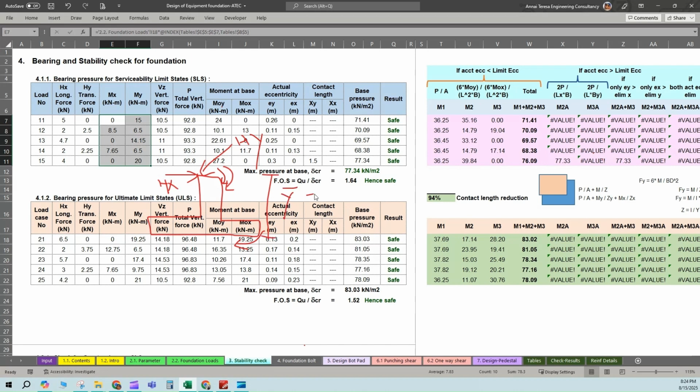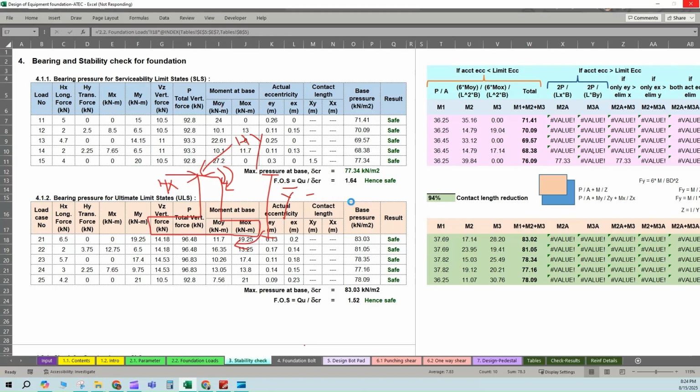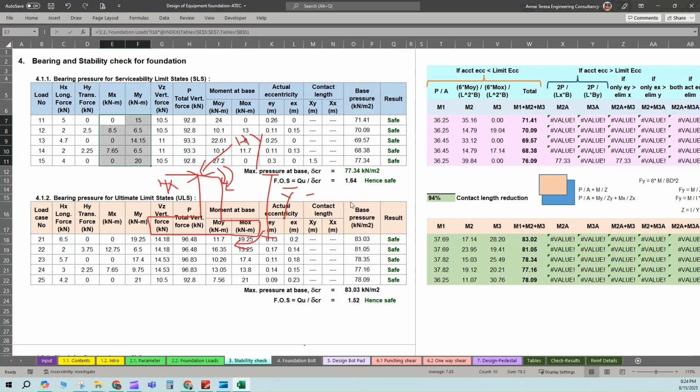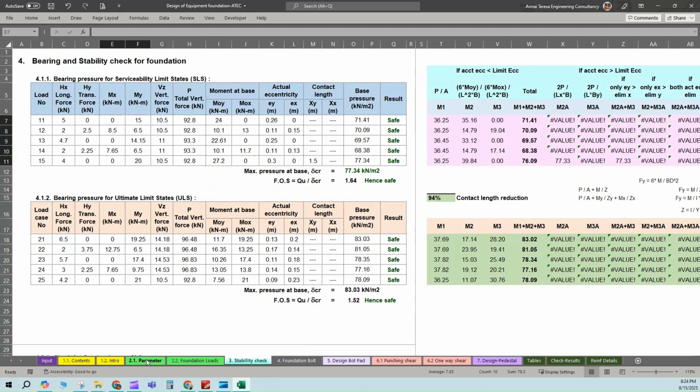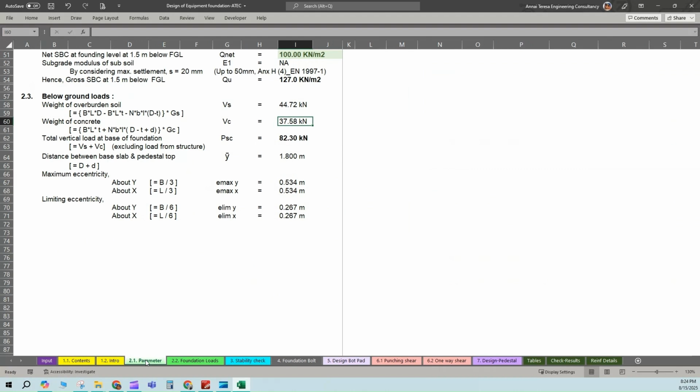Y bar we already calculated previously, where it is capital D plus small d. Capital D is the depth of foundation below ground level, and small d is the pedestal height above ground. We already explained this in the parameters.